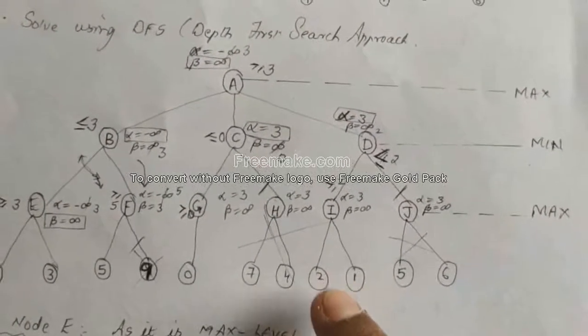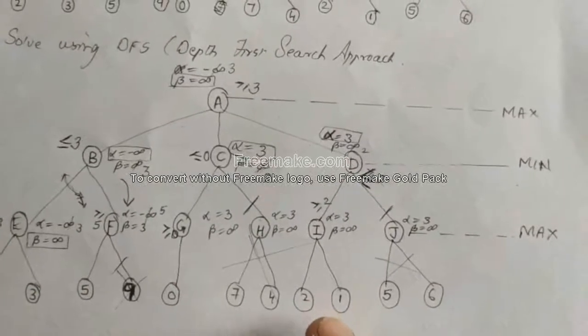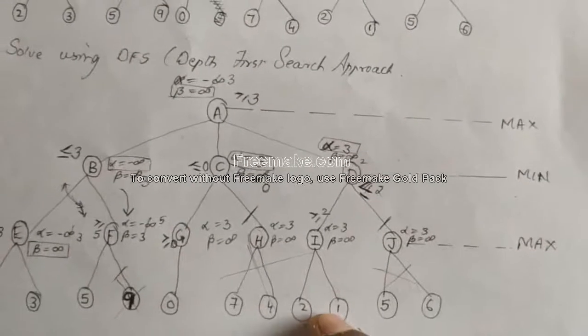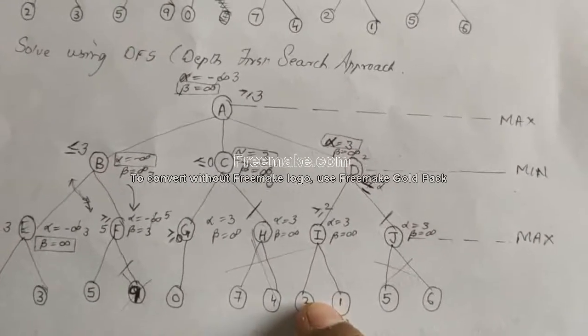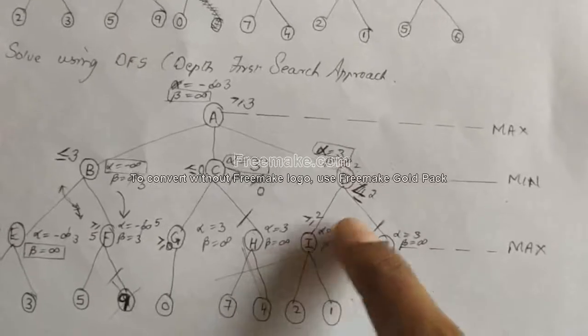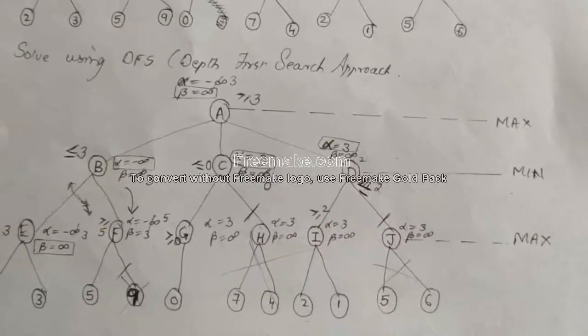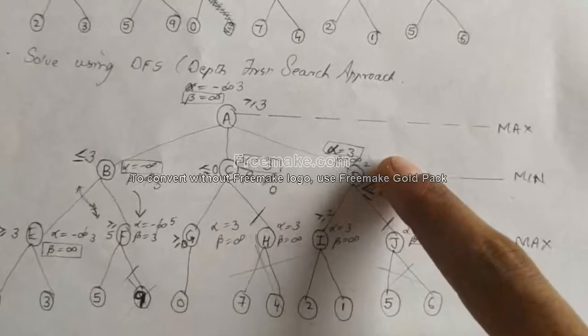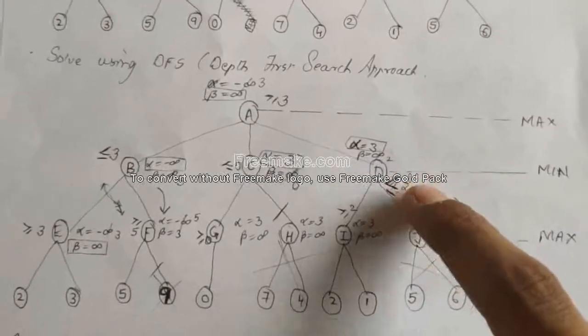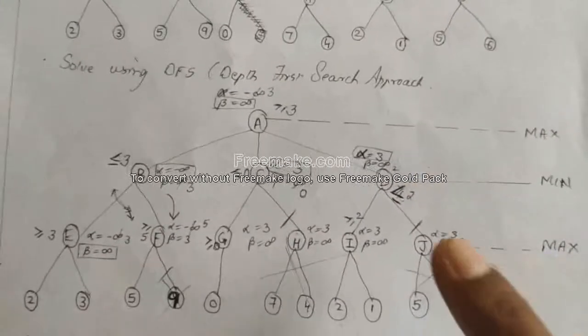The maximum value is 2, by comparing it with minus infinity, as we have already discussed. Minus infinity comma 2 gives you the maximum as 2. So 2 is compared with 1, which is maximum 2. So we consider it as greater than or equal to 2, and this value 2 is passed on to the above node. So it attains the value. Since it is minimum, we make it less than or equal to 2.